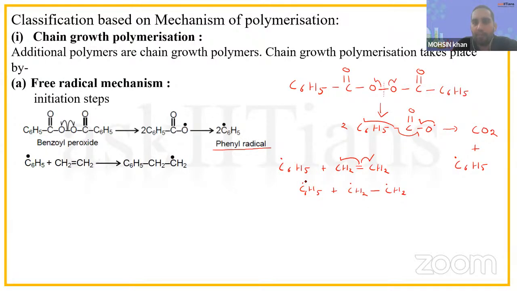Now we can form the bond between these two radicals, and we will get C6H5 CH2 radical. So this is how the chain initiation step occurs. We get the C6H5 CH2 radical.